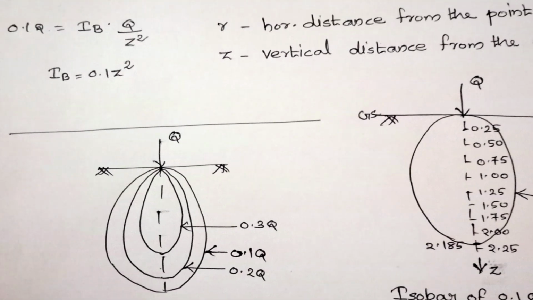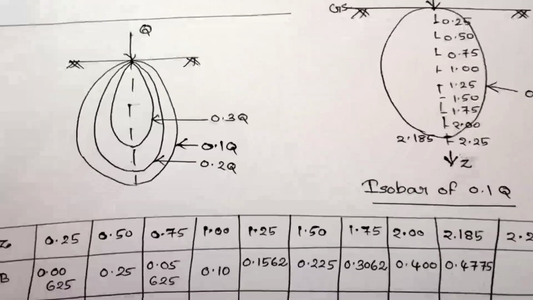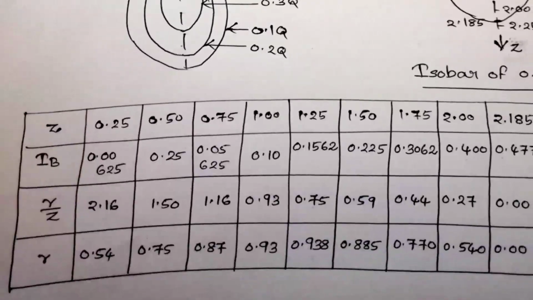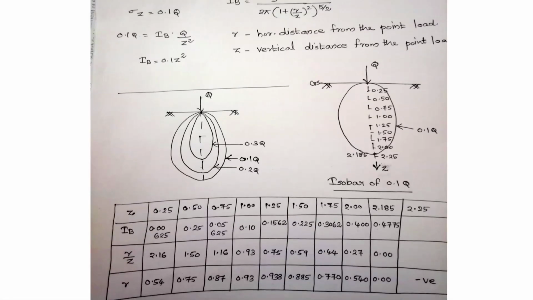So here we are using this equation for finding out the stress intensity of 0.1 Q. First, for this equation IB equal to 0.1 z square, we are using different z values and finding out the different IB values.